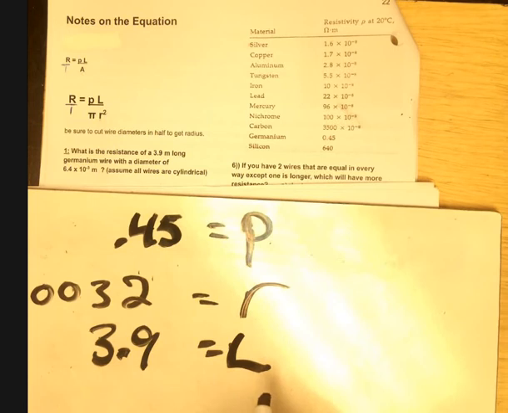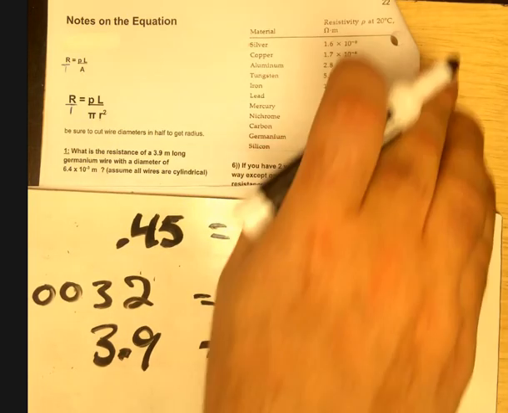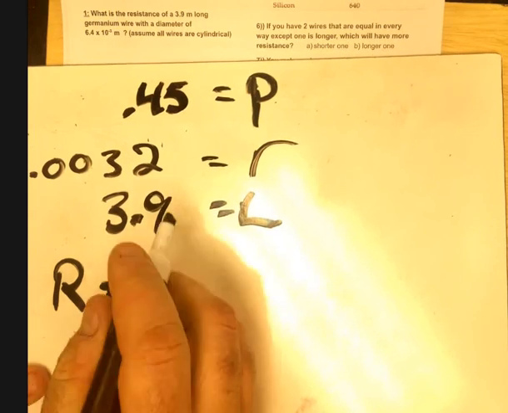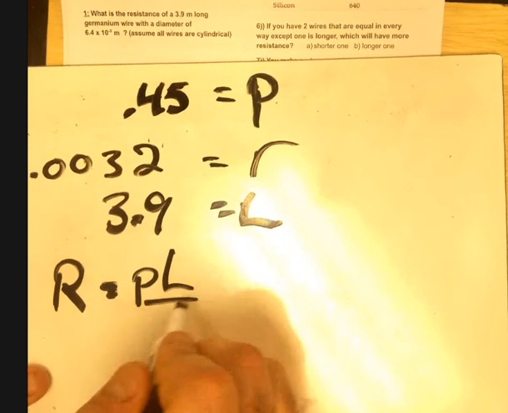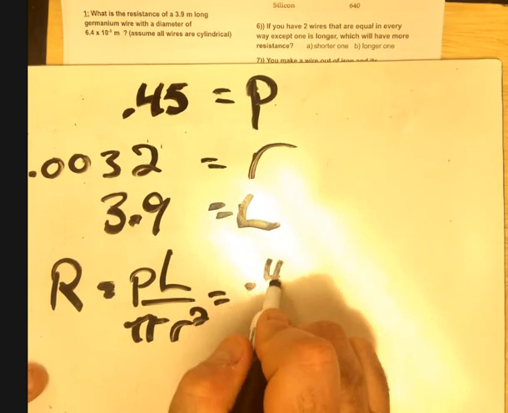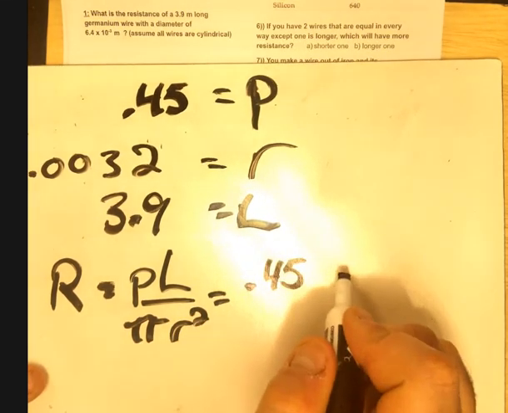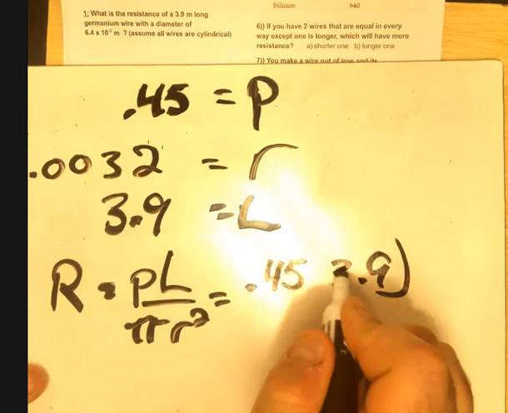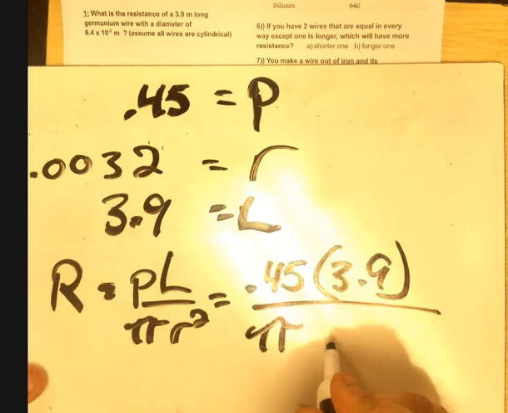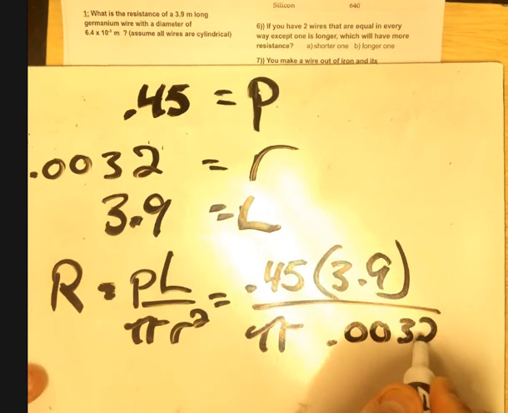So now we have enough information to substitute into our equation. R is equal to P L all over pi r squared. The P is 0.45. The L is 3.9 meters. Then we have our pi and 0.0032, and we've got to square that.